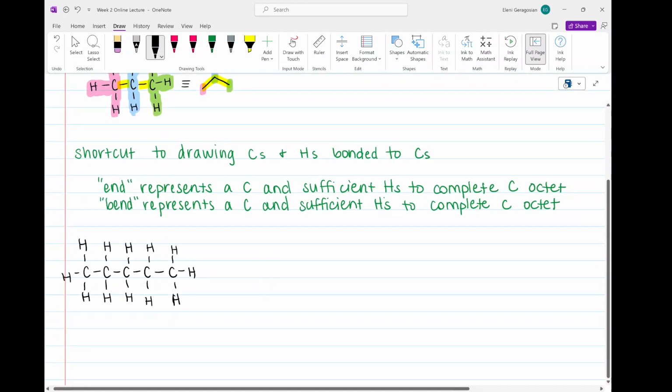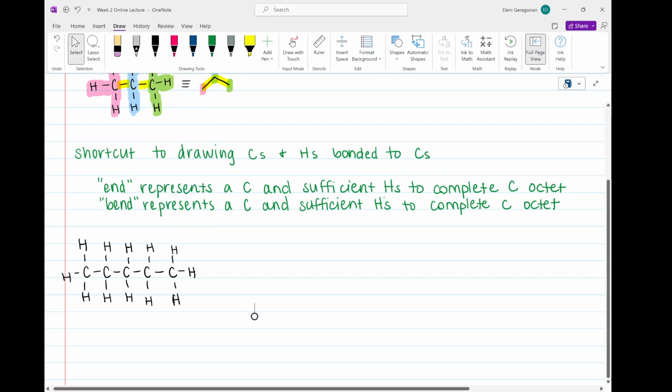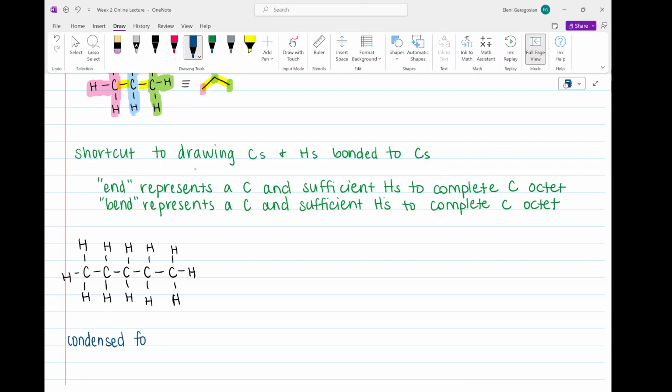We can simplify this using a condensed formula, which is CH3, CH2, CH2, CH2, CH3. So that's another way to represent this molecule pentane.